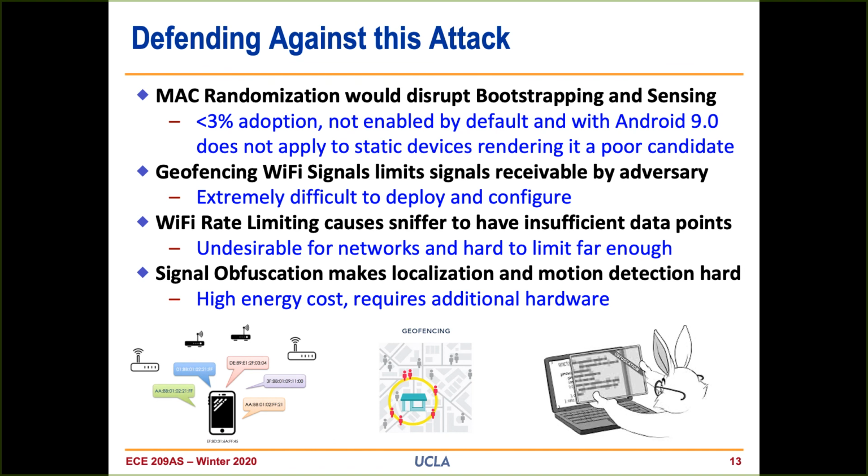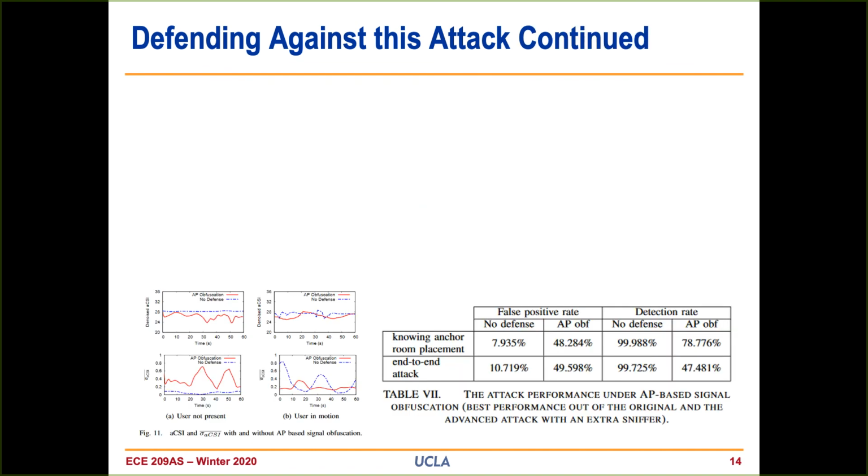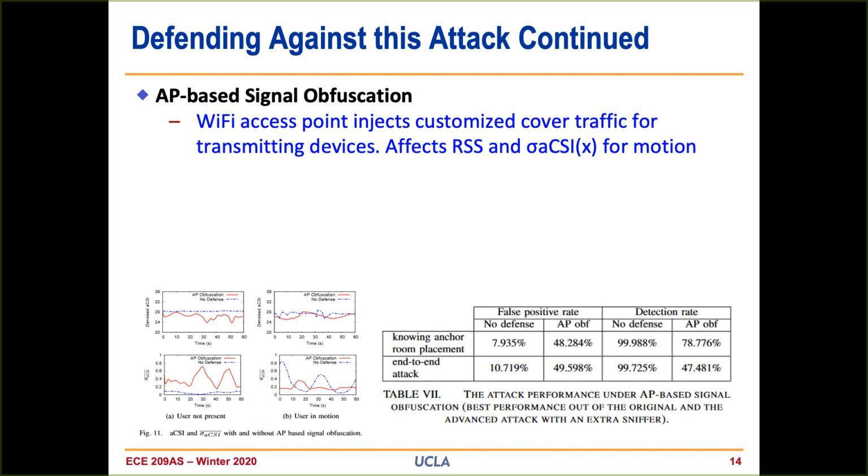So what the paper ends up proposing is something using signal obfuscation, but it uses AP-based signal obfuscation. Essentially all the Wi-Fi access points inject customized cover traffic for all the transmitting devices. So you increase your traffic from the router and send out these fake packets that affect the RSS and sigma values for the motion.